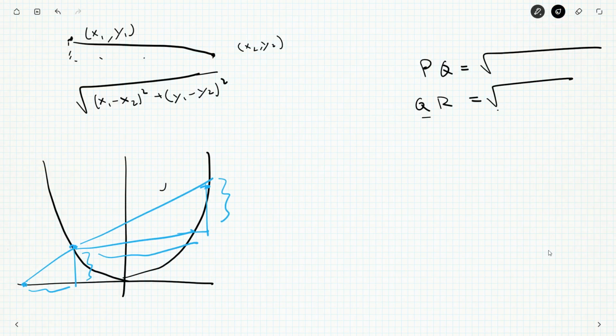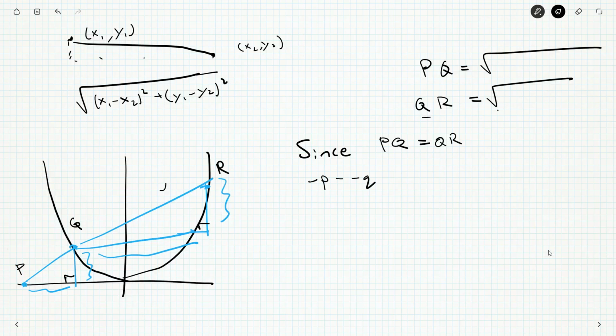So we can say, well, since PQ is equal to QR, we get these congruent triangles. I know it doesn't look like that with our picture, but we can say that the two rises are equal. So from negative P to negative Q is the same as from negative Q to R. The run for both of these.